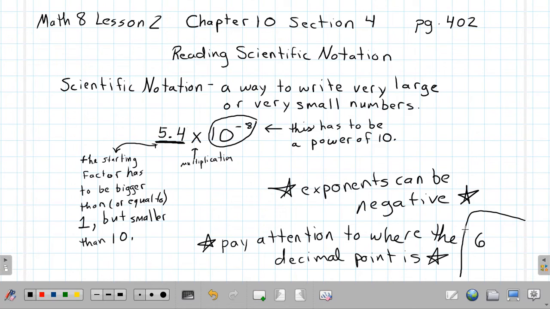The decimal place on 6 is actually after the ones place. So we can write 6 the same way as 6.0. So it would be beneficial to you, if you have just a normal number without any decimals, to include the decimal in your number, because that's the big thing about scientific notation. You always need to know where the decimal is.